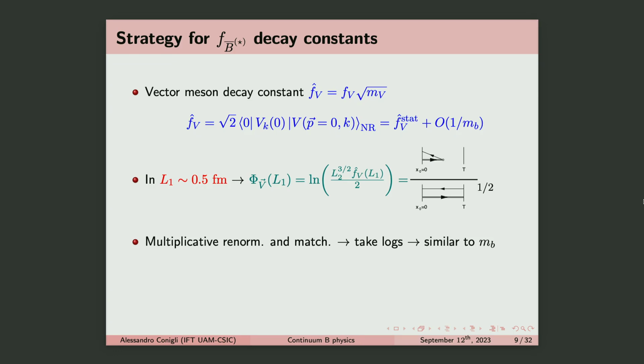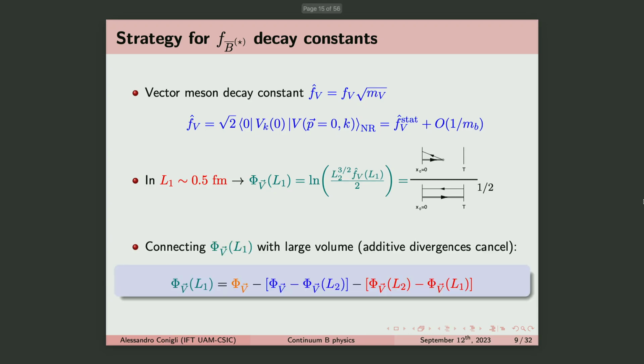Now, if we recall from the previous slides where I was talking about the static theory, in the vector currents we have multiplicative renormalization and matching, and we want somehow to get rid of these quantities, and this can be done by simply taking the logarithm of our vector matrix element in such a way that we recover a similar pattern as we had in the case of the mass.